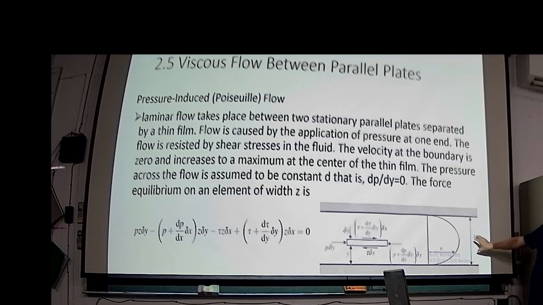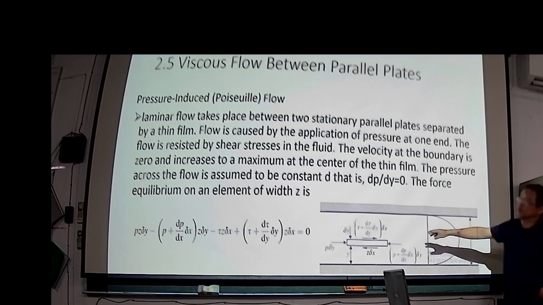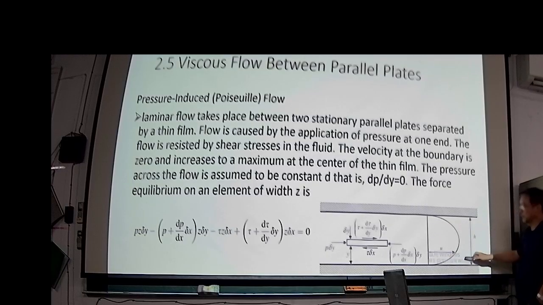The film is small, I would say a thin film, very small film thickness. So there is no pressure difference between the different heights, which means the pressure is constant in this thin film.